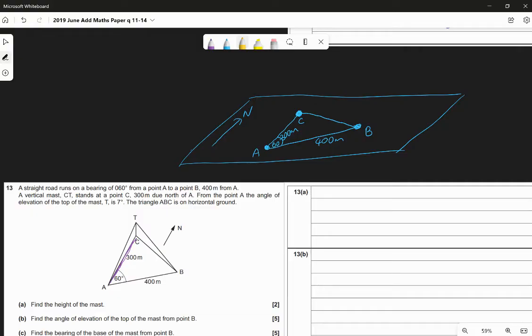It's perpendicular to this plane, so it's coming out of the surface. So T is a mast up there in the sky, away from the ground, perpendicular to AC and at right angles to CB. So it's perpendicular to anything that's on the ground, straight up in the sky.